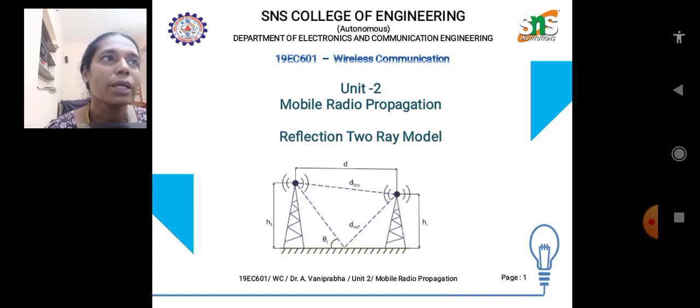Some use cases are there. The two-ray ground reflection model is particularly useful for analyzing wireless communication systems such as cellular networks or point-to-point microwave links, where the receiver is located close to the ground and ground reflection significantly impacts signal propagation.